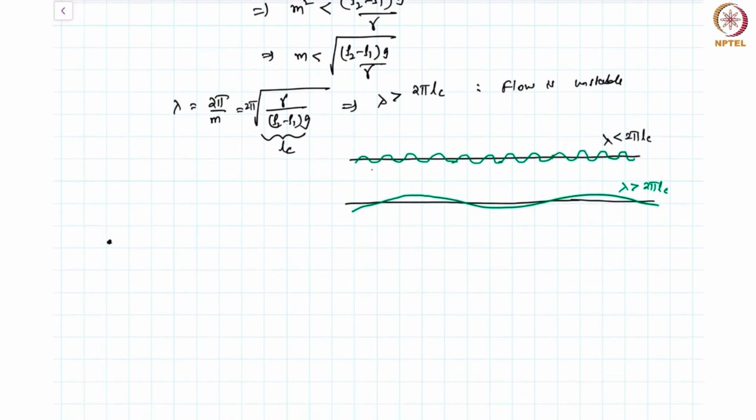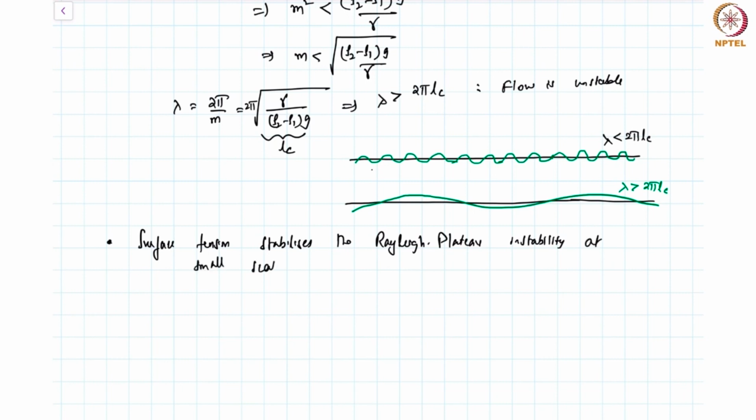The moral of the story is surface tension stabilizes the Rayleigh-Plateau instability at small scales, or small wavelengths, or large wave numbers.